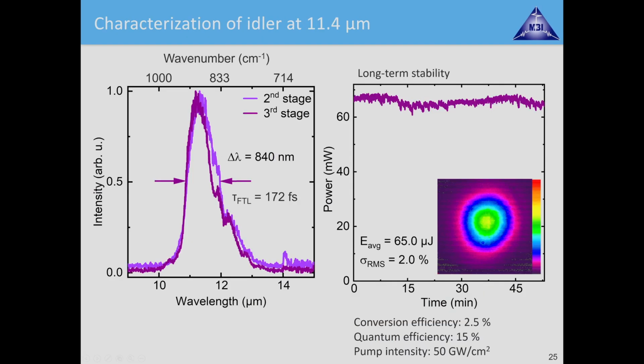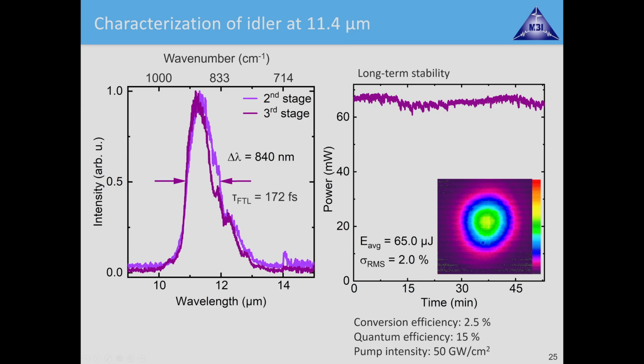This signal then translates into an idler, where you can see the spectrum here. It's centered at 11.4 micrometers with 840 nanometers of bandwidth, which in principle supports a Fourier limit of 172 femtoseconds.